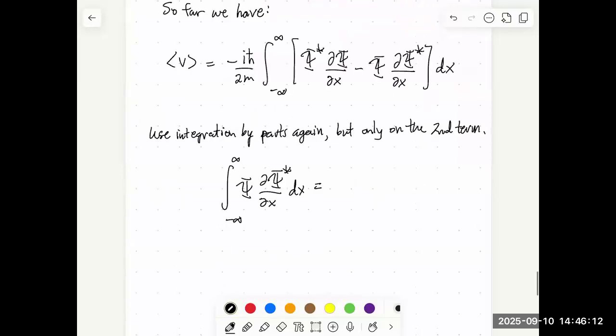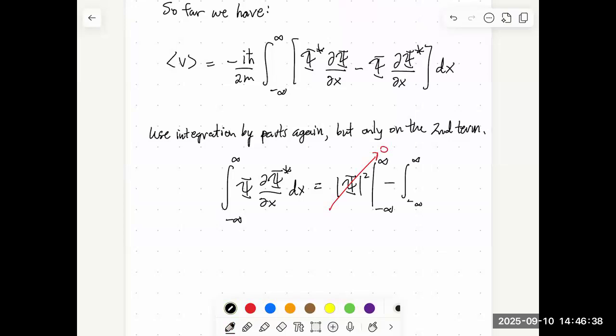So when we do that, we'll get uv is going to be phi squared between minus infinity and infinity, that's going to vanish for the same reasons we just talked about. And then we would have minus the integral of v du.